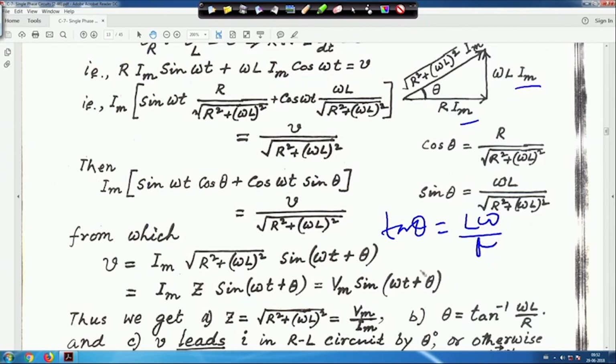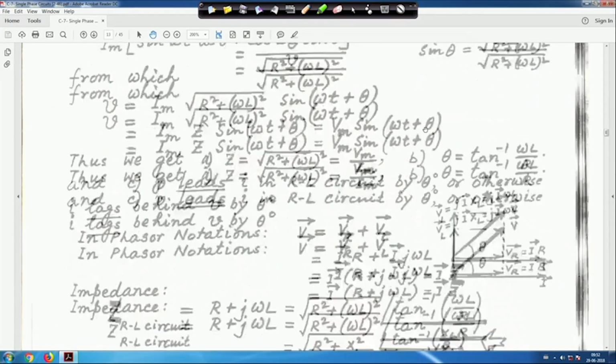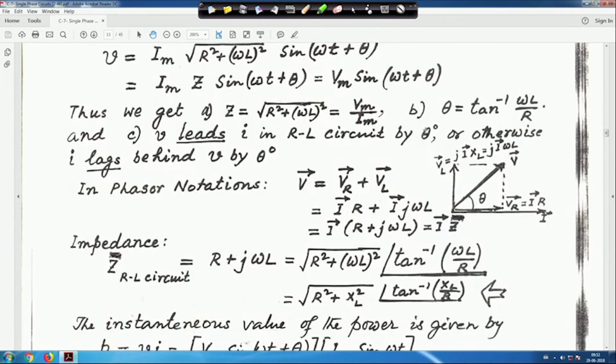So theta is equal to tan inverse omega L by R.